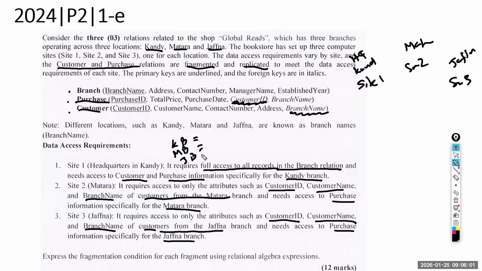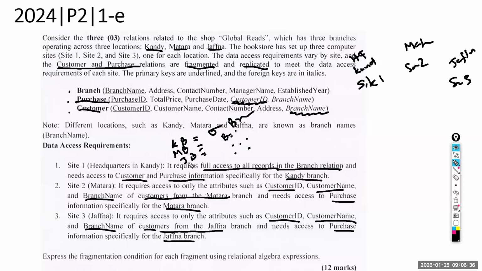Those are sigma of branch where branch name equals Kandy, branch name equals Jaffna, branch name equals Mathur. So we are going to have three horizontal fragmentations of branch, but actually you don't need the Kandy branch, because Kandy needs all the details. Definitely we need the Mathur branch and Jaffna branch fragmentation.